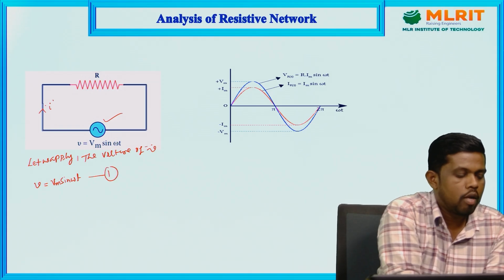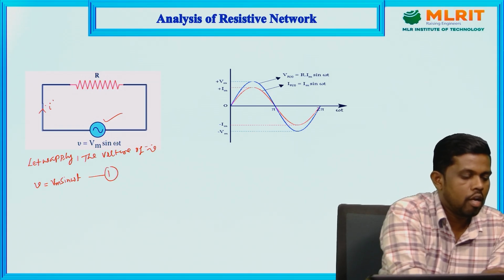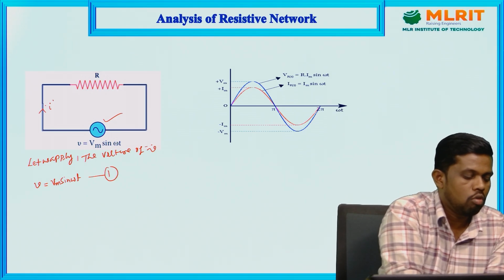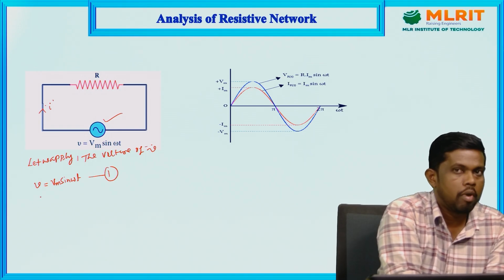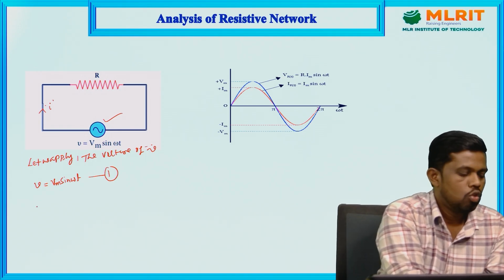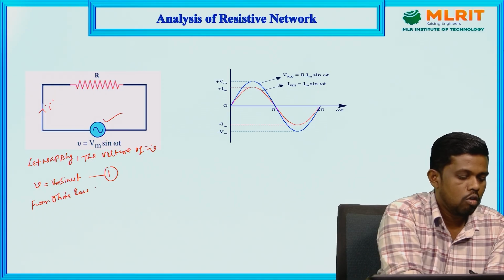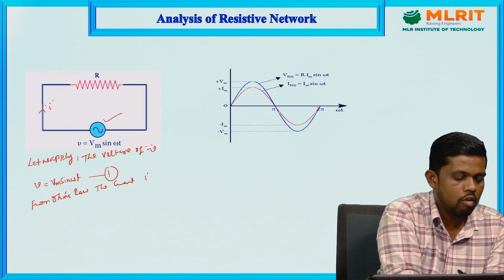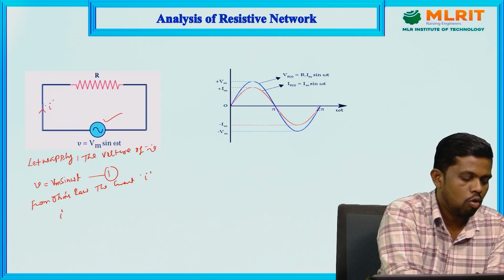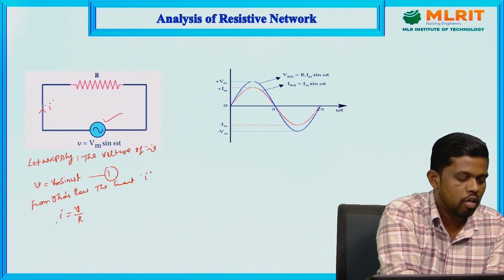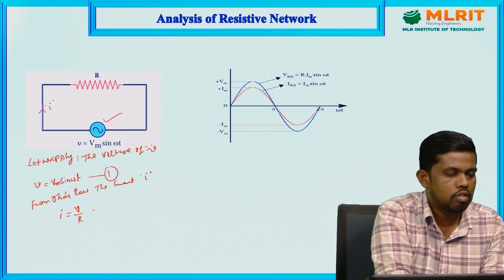Due to the applied voltage, there will be current circulating in the resistance of the circuit. The current is determined with the help of Ohm's law. From Ohm's law, the current small i will be v by R. That means the instantaneous current is the instantaneous voltage upon the resistance of the circuit.